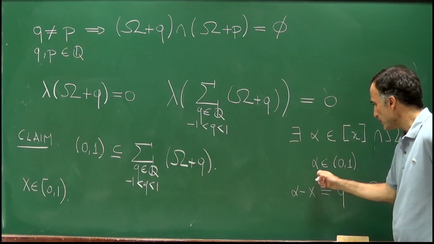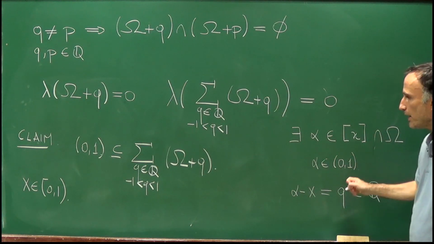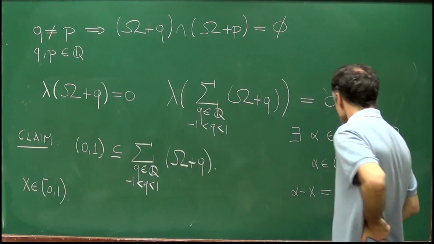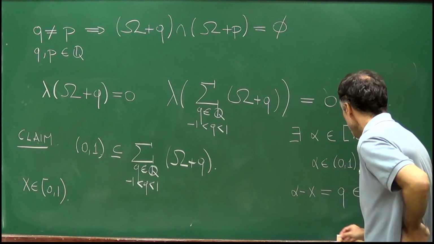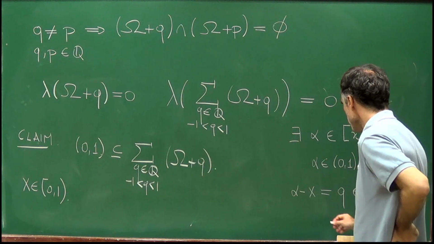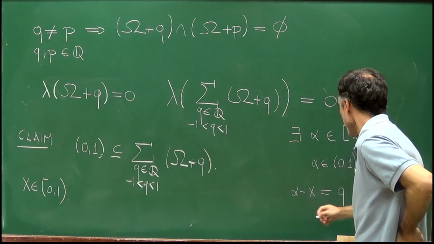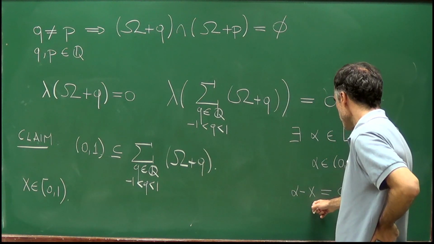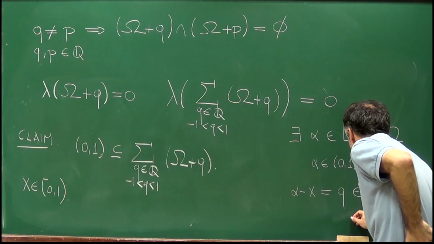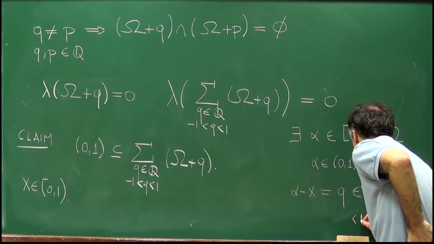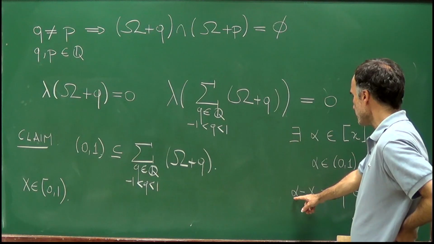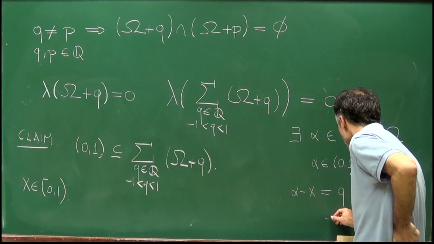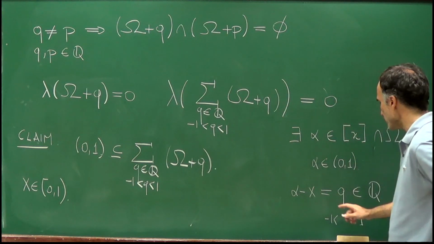But alpha is a point in [0, 1], and x is also a point in [0, 1]. So in the worst case, alpha is 1 and x is 0, so q is smaller than or equal to 1. And in the worst case, alpha is 0 and x is 1, so q is bigger than or equal to minus 1.